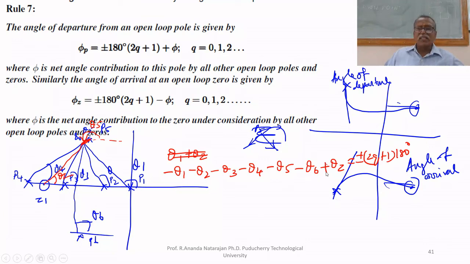If you add all this, that must be equal to (2q plus 1) multiplied by 180. What is required? Theta 5 is required.